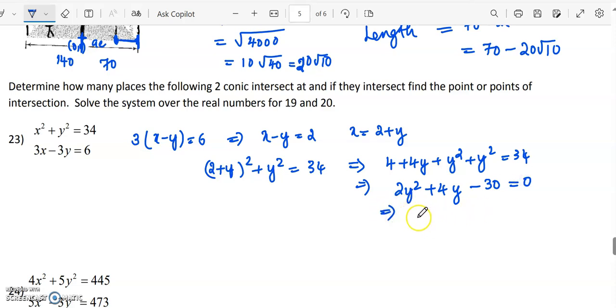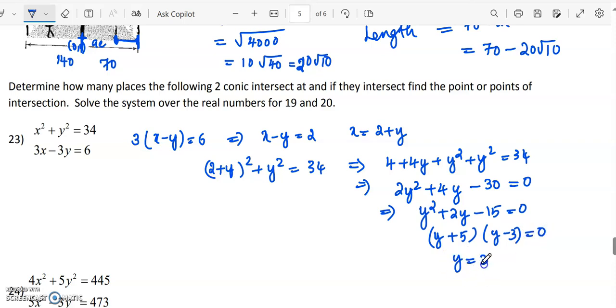So we can cancel out 2. So we will get y squared plus 2y minus 15 equal to 0. So that will be (y plus 5) into (y minus 3) equal to 0. So we will get y equal to 3 and minus 5.